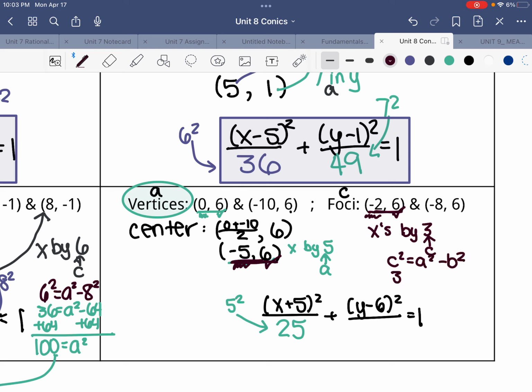So 3 squared equals 5 squared minus b squared. Or 9 equals 25 minus b squared. I'm going to subtract that 25 to the other side. Negative 16 equals negative b squared.